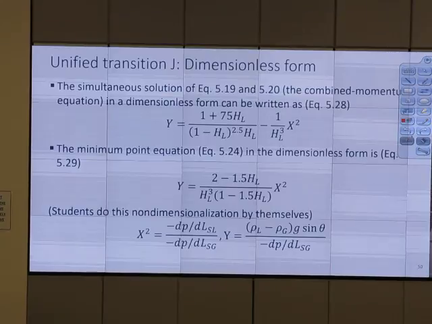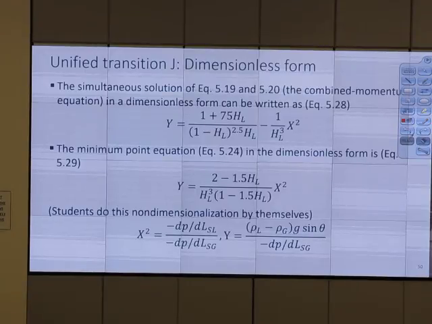Okay. All right. You see 5.19, 5.20. Where's the page number for that? It's 201.